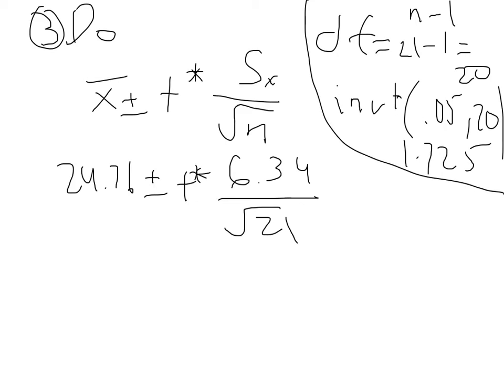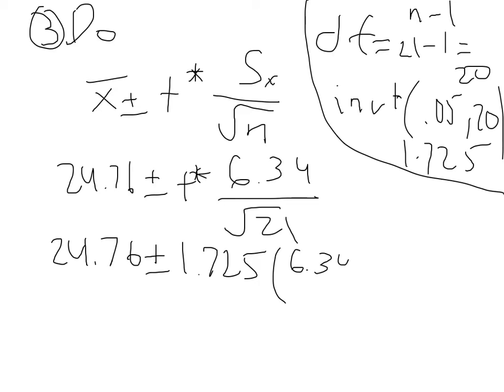So now we are just finishing up writing this equation correctly: 24.76 plus or minus 1.725 times 6.34 over the square root of 21.